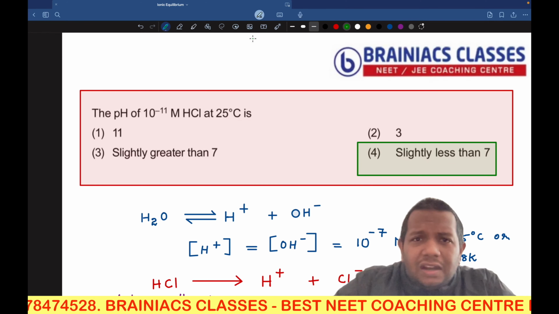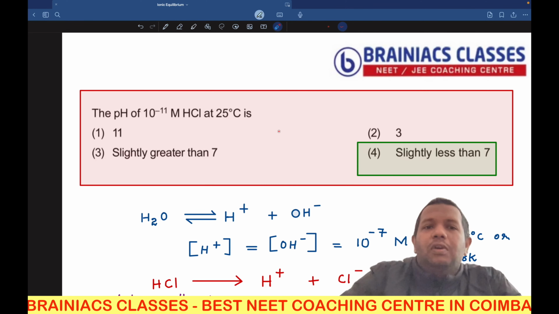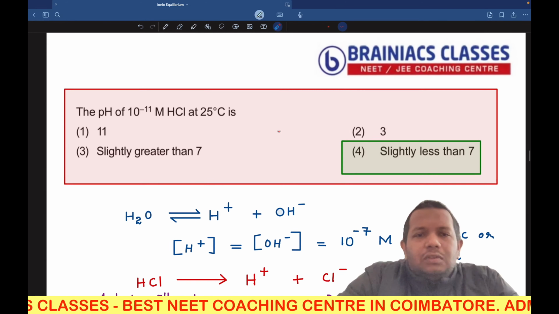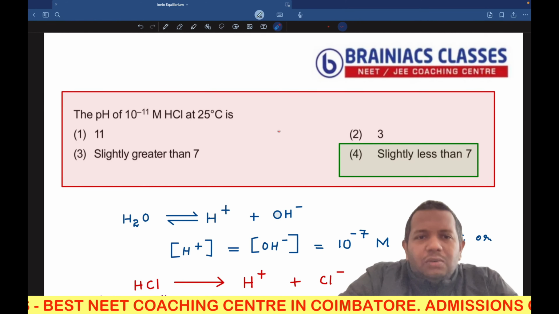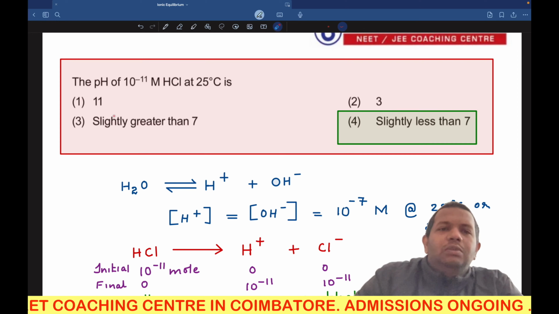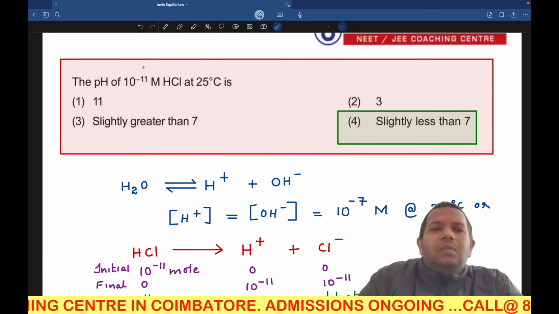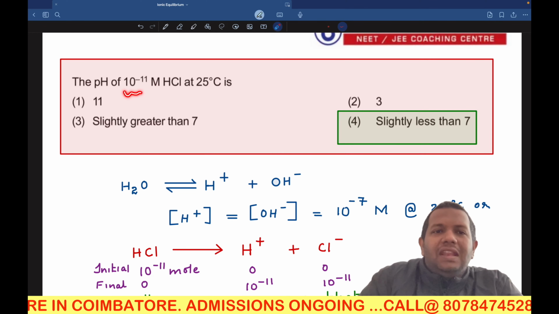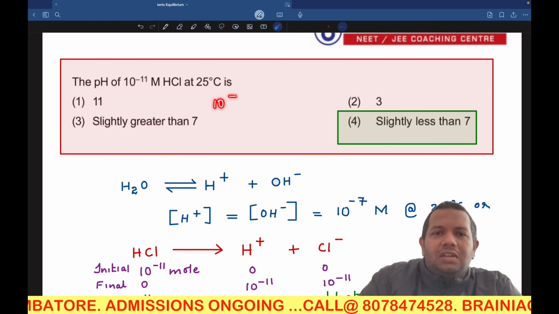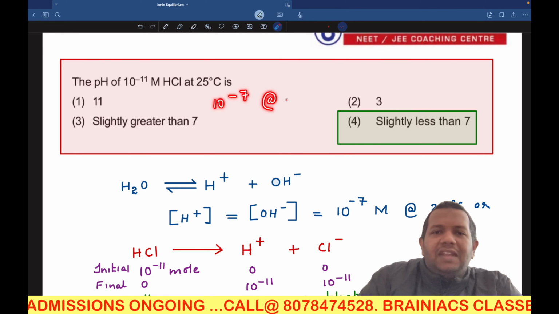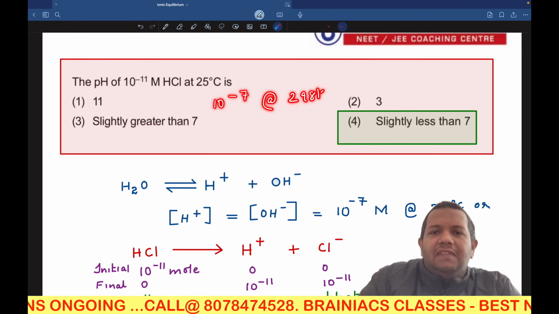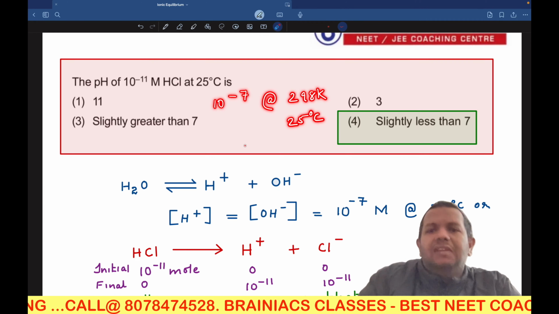So let me revise the concept one more time. Very simple. Whenever they ask you to calculate the pH, the first thing we need to check is whether the concentration is very low, less than that of water. Water is 10 power minus 7 at room temperature, 298 Kelvin, or 25 degrees Celsius.